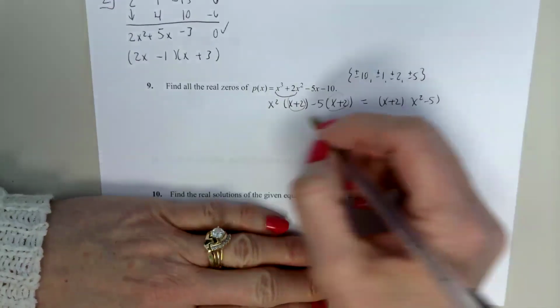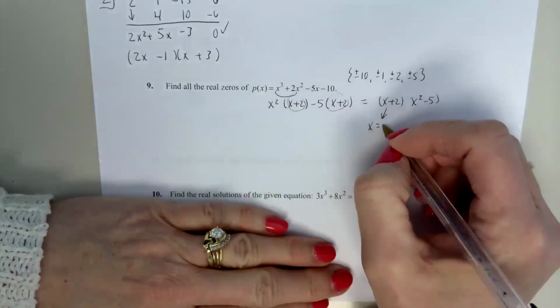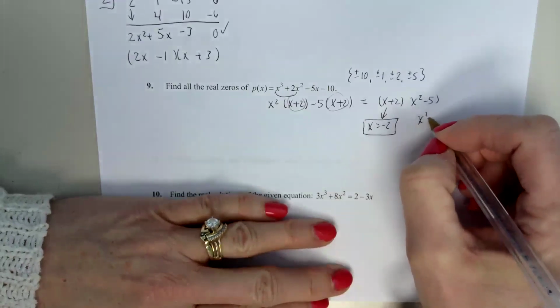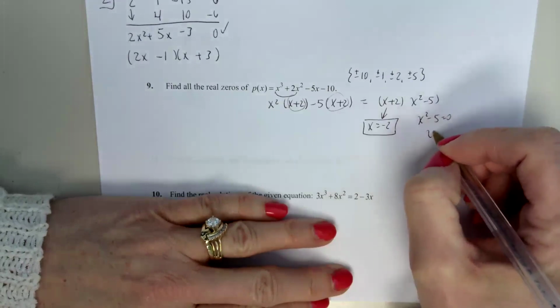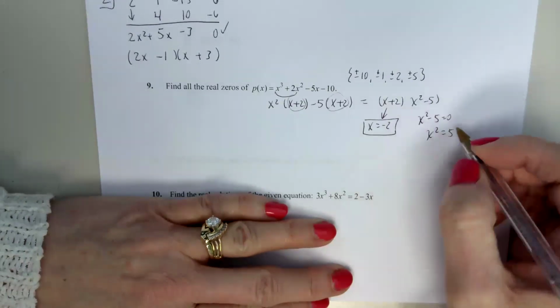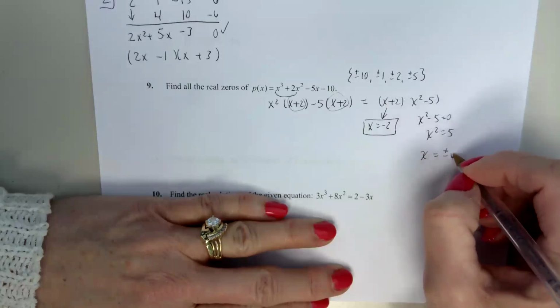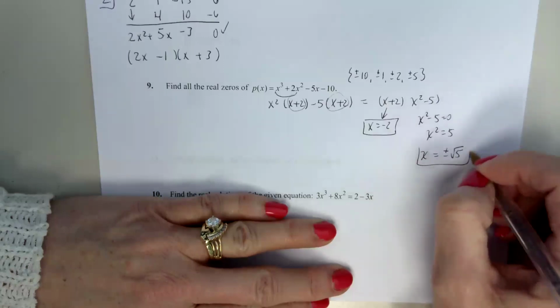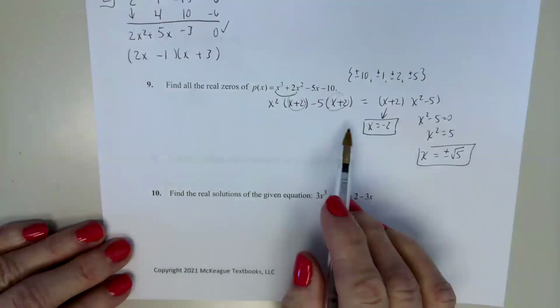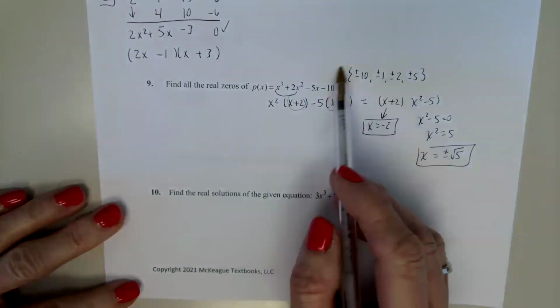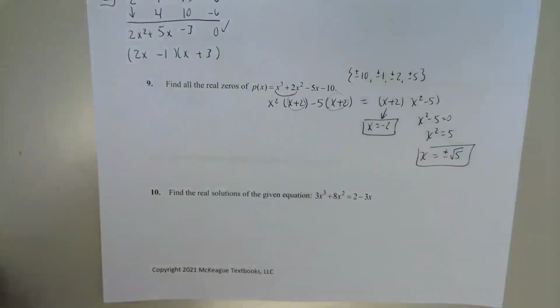So that means x equal to a negative 2 is a 0. And then if I set this equal to 0, we get x squared equals 5. And so x equals plus or minus the square root of 5. So those are my other two zeros. So there they are. I'm glad I thought about factoring, because this would have been a lot of guess and check to get started.